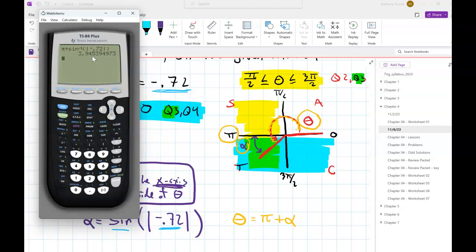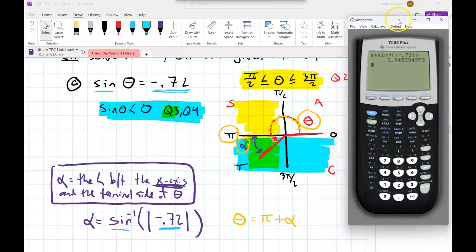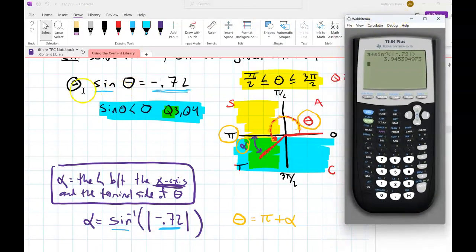Let's check this, because this is checkable. There's two things we have to do to check this. One, if I take sine of 3.95, I better get negative 0.72, right? So let's try that. Sine of answer. That part worked. Everybody feel good there?